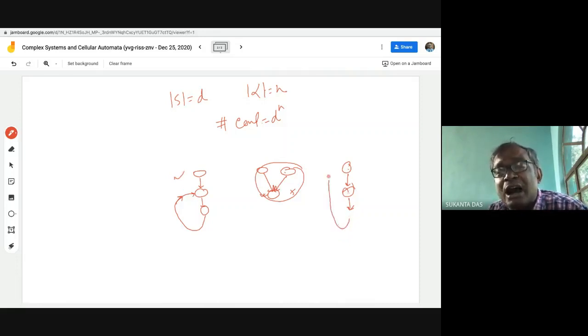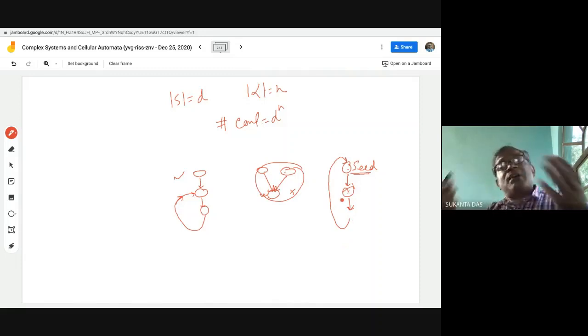Now if I am doing this, and it is a finite CA, then what is the option? The option is that after some time it has to return to its initial configuration. Suppose this is my seed. Seed means the initial configuration from where I have started. So from this configuration I am going to the next one, then the next one, then the next one. Many-to-one mapping is not allowed here, and the number of configurations is finite.